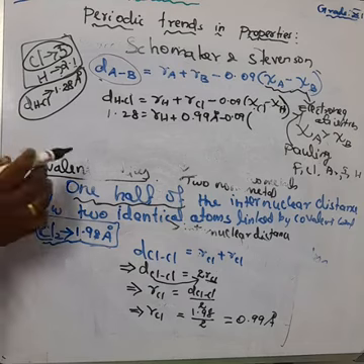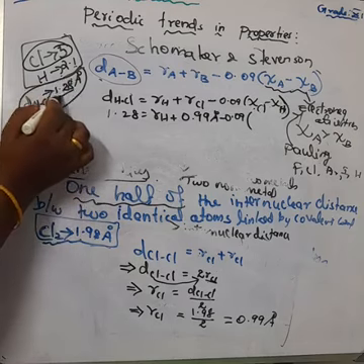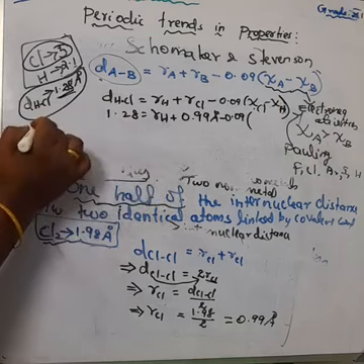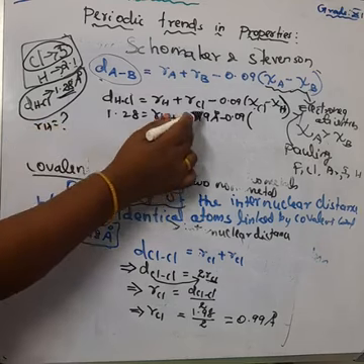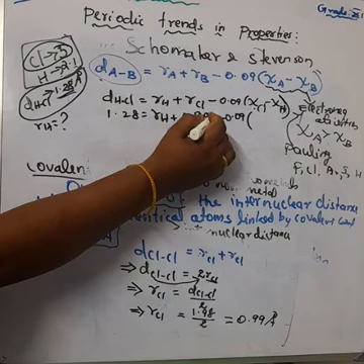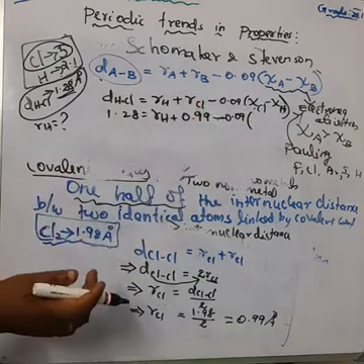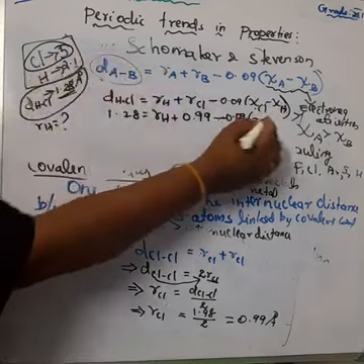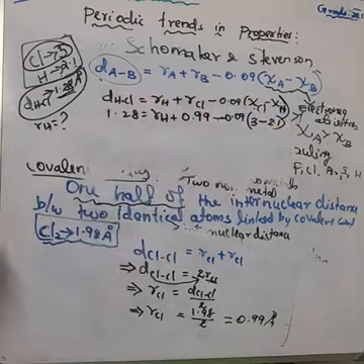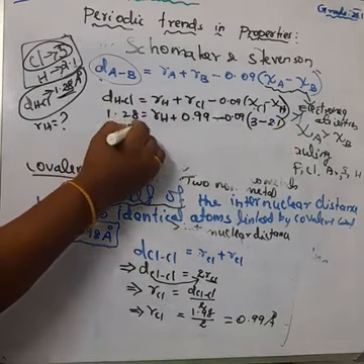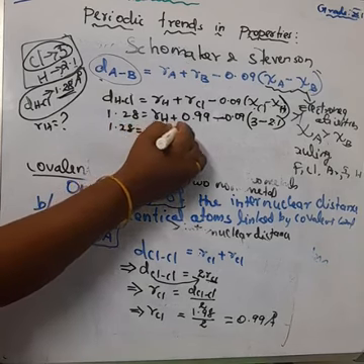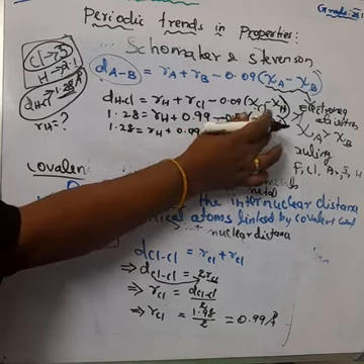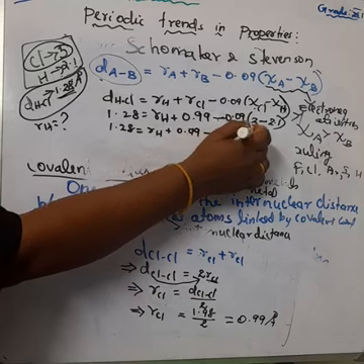D_HCl we already know, 1.28, is equal to R_H, the radius of hydrogen we have to calculate, plus R_Cl, 0.99, minus 0.09 into (3 minus 2.1). 3 minus 2.1 gives 0.9.